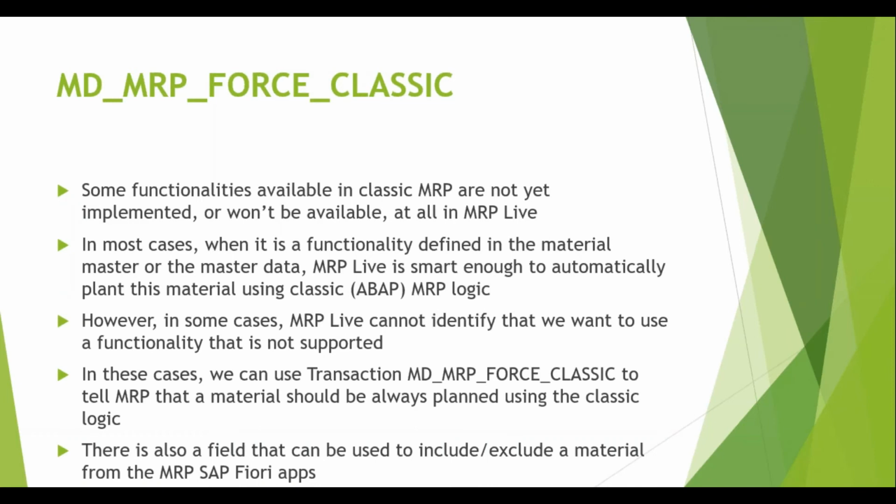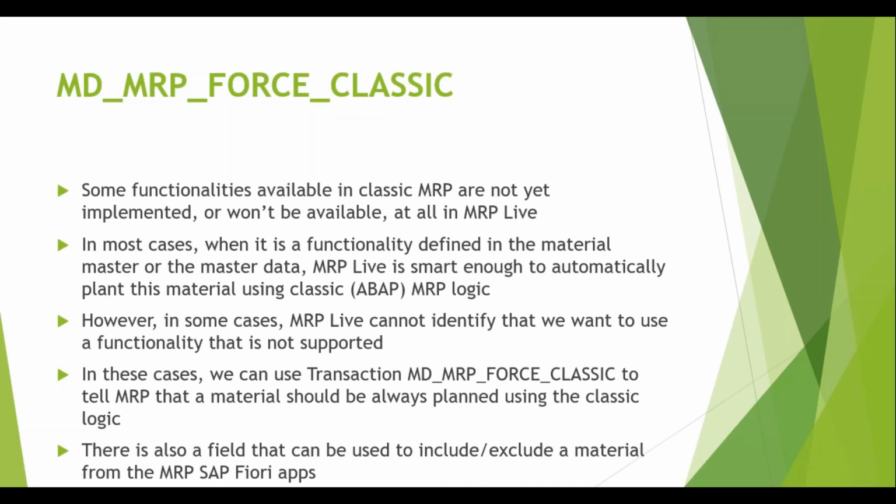So there are some scenarios in which, although MRP Live supports planning that material using the new logic, the business still wants to say, okay, for this particular material, please don't use the new logic. I want to keep the old logic. There are some scenarios because there is one restriction in MRP Live. It doesn't create the MRP list. It only creates a stock requirement list. I think you must know the difference. The MRP list is static. Once it is generated, it will remain as it is.